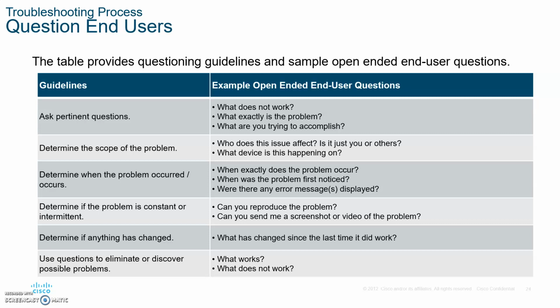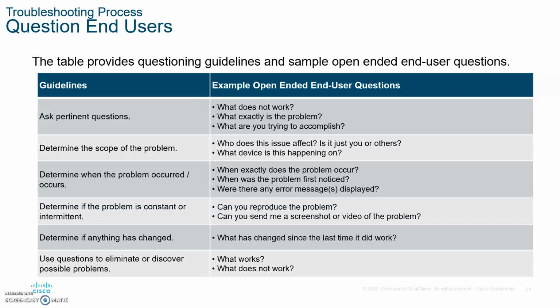So when somebody calls in, or a client or a user comes in and tells you that they have an issue, you're going to ask them, for example, what doesn't work? What exactly is the problem? Ask these questions. What are you trying to accomplish? Does the issue affect you, or does it affect someone else?